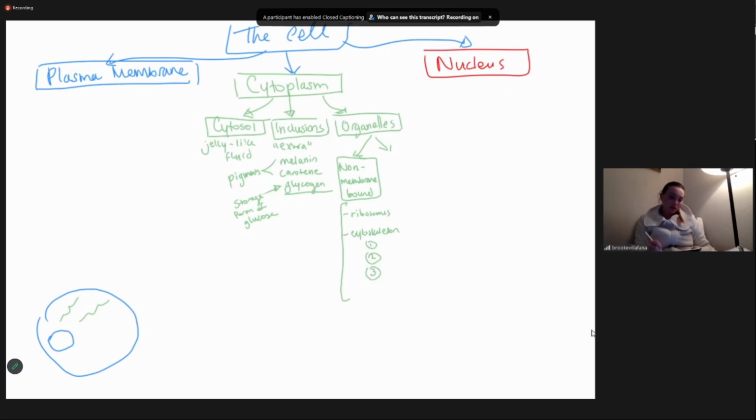So the cytoskeleton is made up of microfilaments, intermediate filaments, and microtubules. So again, this is helping you guys build your outline. We could actually number these, right? We could do number 1, number 2.